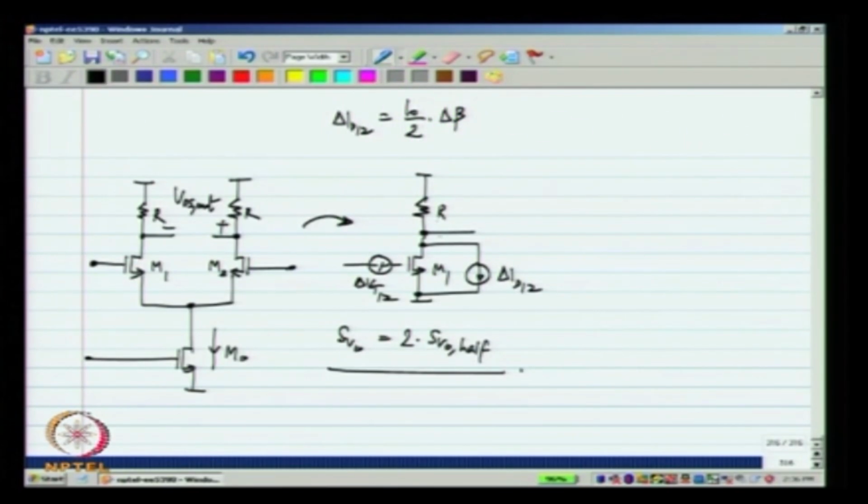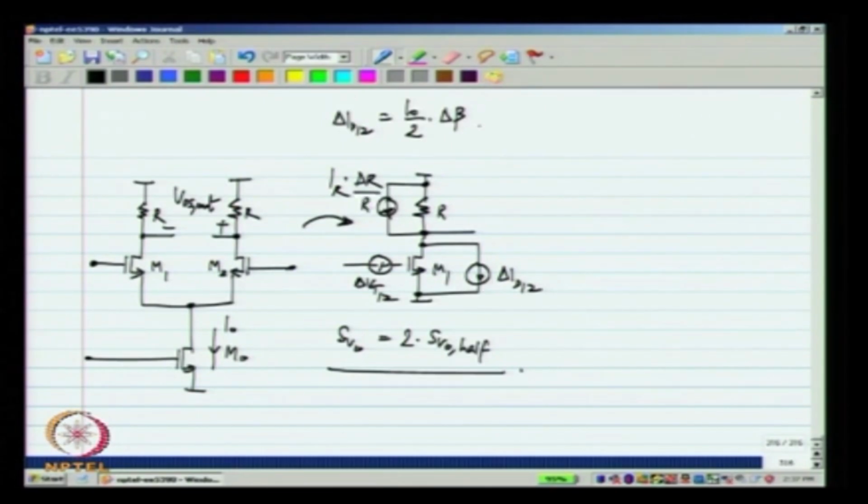Similarly, the effect of any mismatch in the resistor can also be represented by an equivalent current source or a voltage source. The mismatch current will be equal to the quiescent current flowing in the resistor, which is in this case I naught by 2, times the mismatch in the resistance.